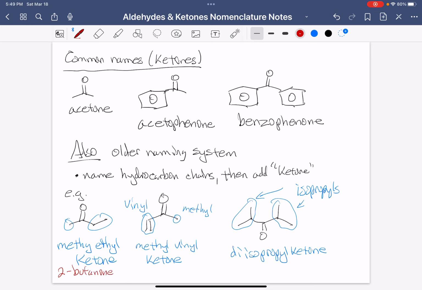And this would be but-3-en-2-one. And this would be 1, 2, 3, 4, 2,4-dimethyl-3-pentanone.